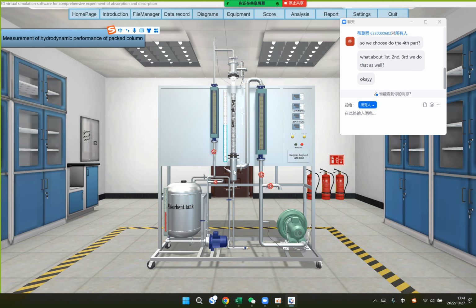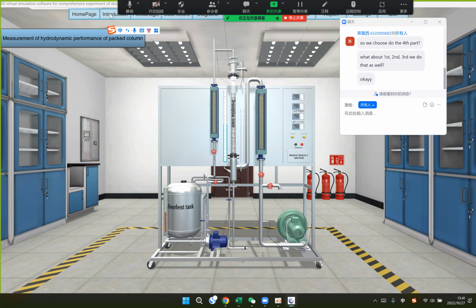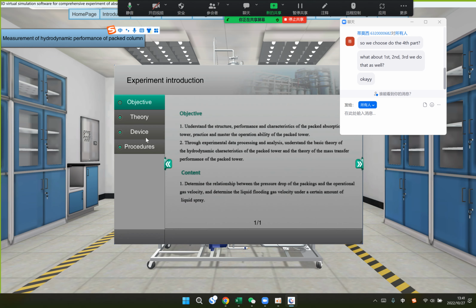For each different liquid load, different curves will be generated this way.